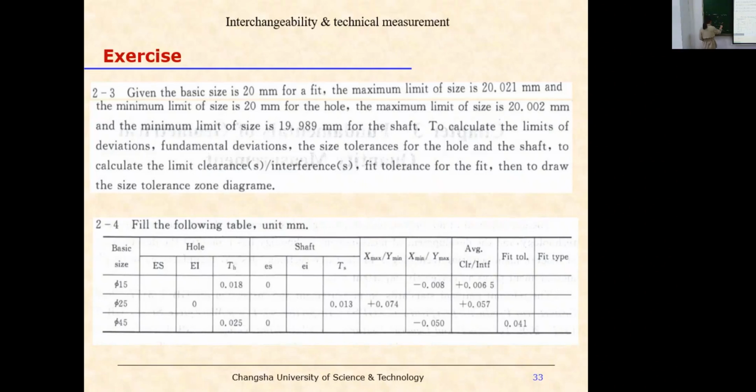So this is 0.012, so this is 0.010, right? So here it's 10.